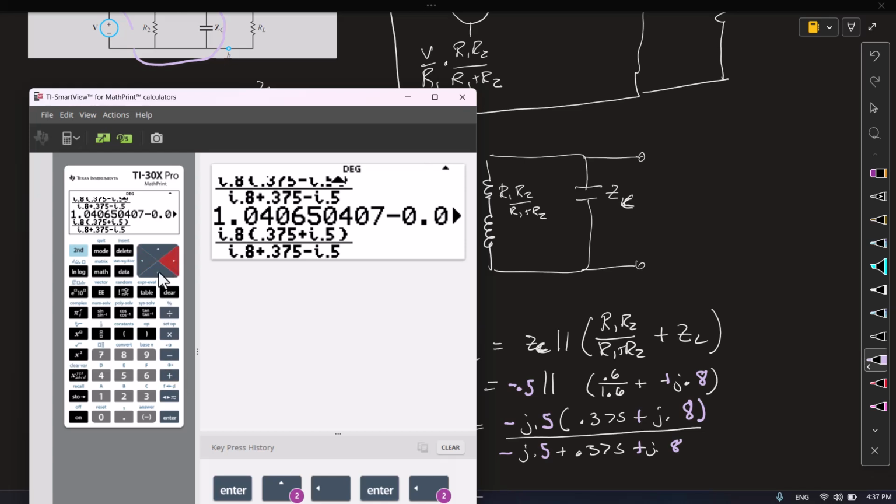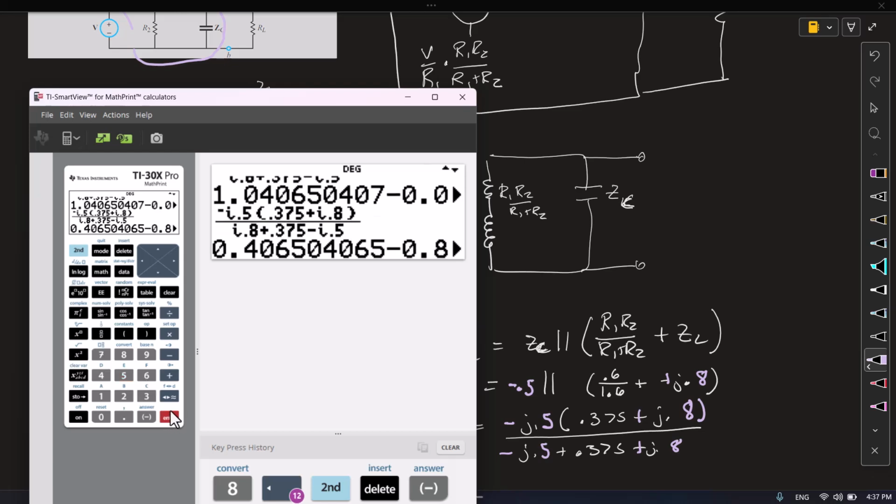plus 0.8 and minus 0.5. And is that correct? I believe it is. It is.